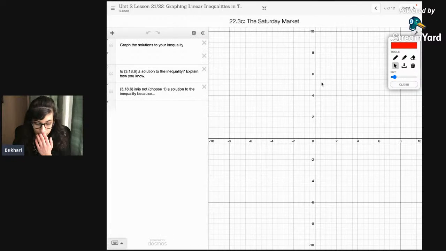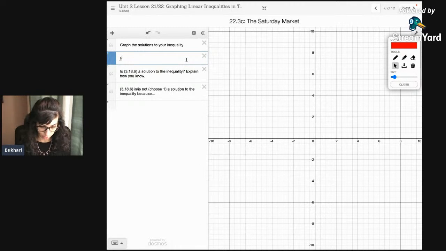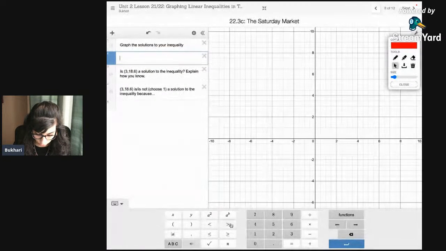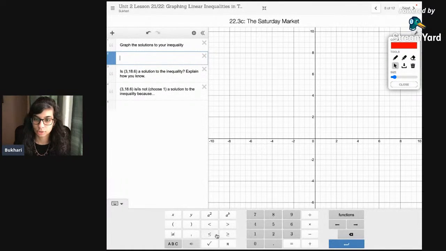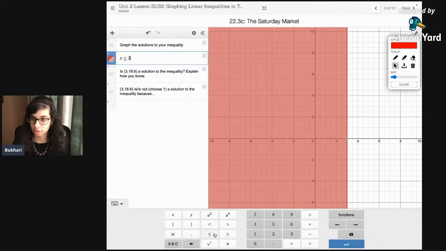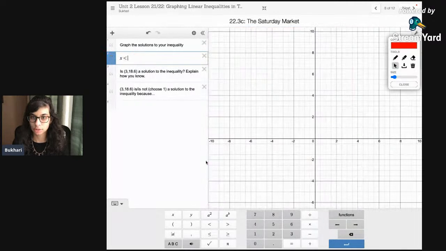Last but not least, I want you to graph your inequality and explain, and I want you to observe what the solution looks like. If you're struggling to write your inequality, click the button, and you have a greater than, a less than, and a greater than or equal to sign here. So you just plug in your variable, and you say x is less than 3, and you get all of your solutions there.